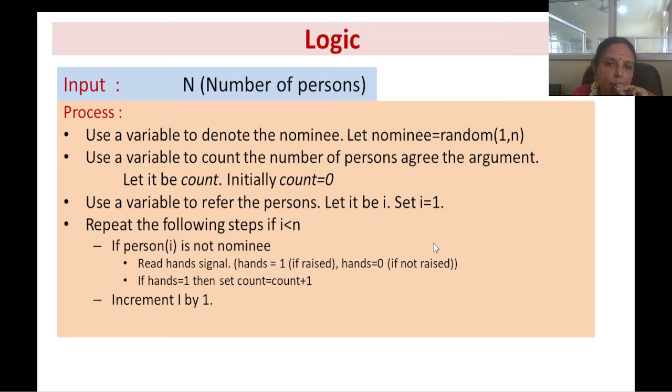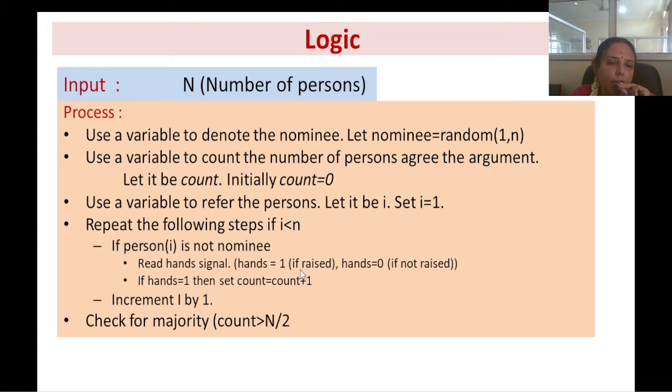Hand signal could be 1 or 0. If hands is equal to 1, then increment the count by 1. After that, increment I by 1, which means you go to the next person. If it is the nominee, you skip that person and just increment I by 1.